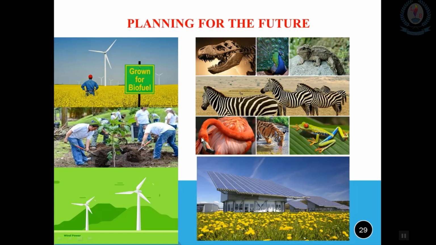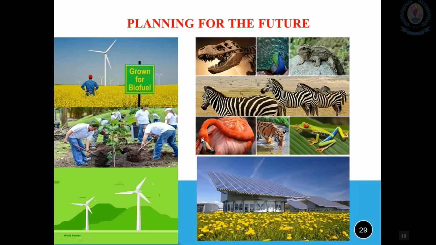So we are going to have to make sure the resources we have on our planet will last for future generations. Sustainability is the production of a decent standard of living for everyone without compromising the needs of future generations or the ecosystems around us.